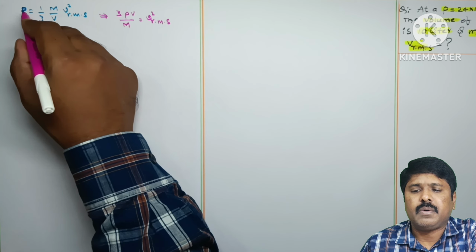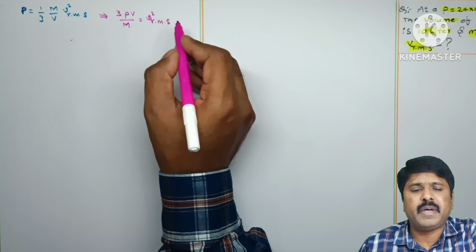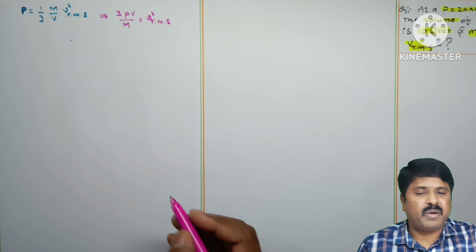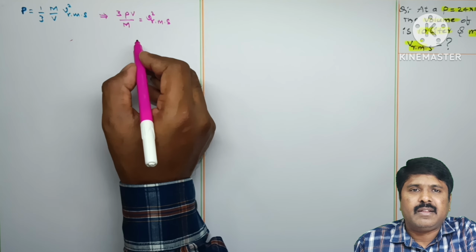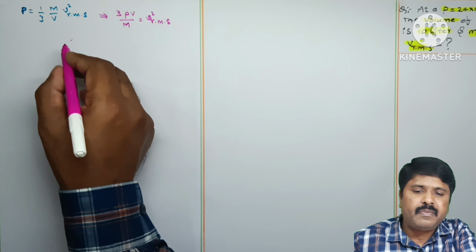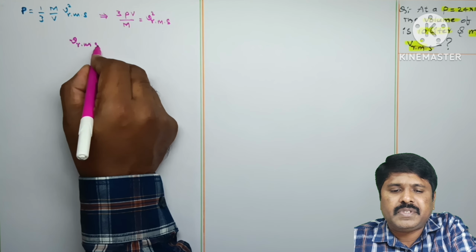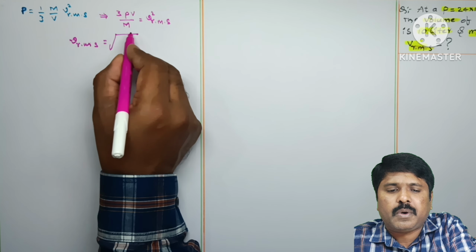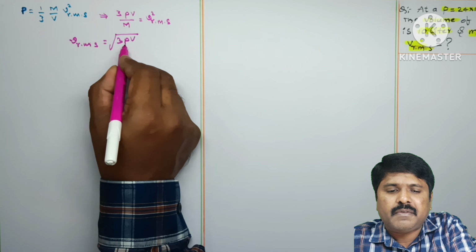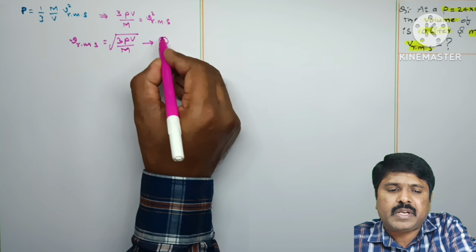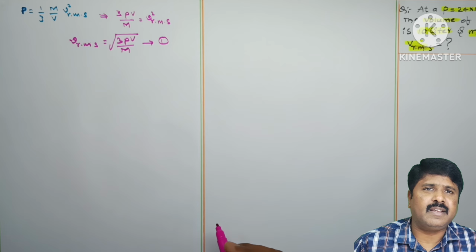So 3PV divided by M is equal to V square RMS. And the first equation, that is V RMS, is equal to root over 3PV divided by M. Now this first equation I'm writing, student, see there.